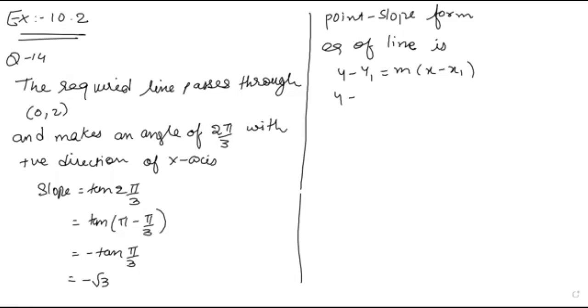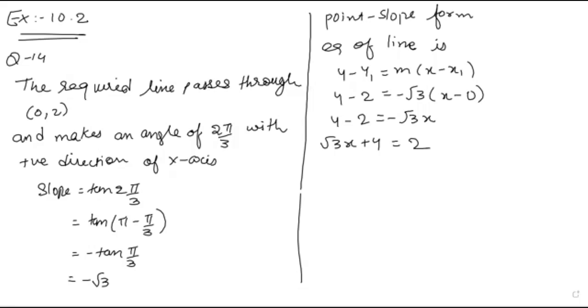Here the passing point is (0, 2), so my y1 will be 2, m is the slope and x1 is 0. So y minus 2 is equal to minus root 3 x. So root 3 x plus y is equal to 2.